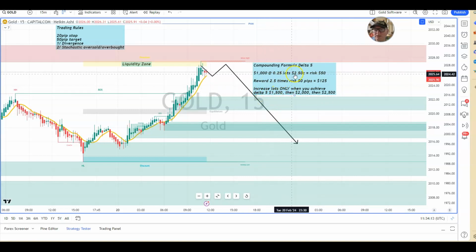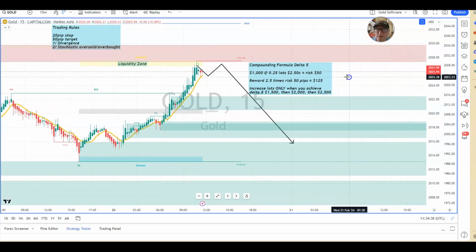So you're not going to increase the lot size of 0.25 lots until your account is closed, very important, above $1,500. So now all of a sudden you are using and risking money you didn't have, and you're risking the profits from the previous trades.